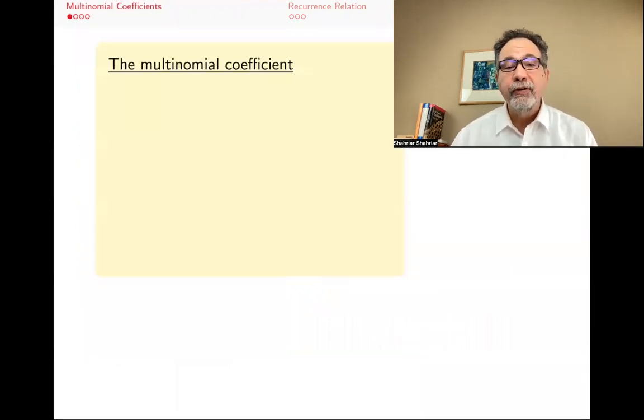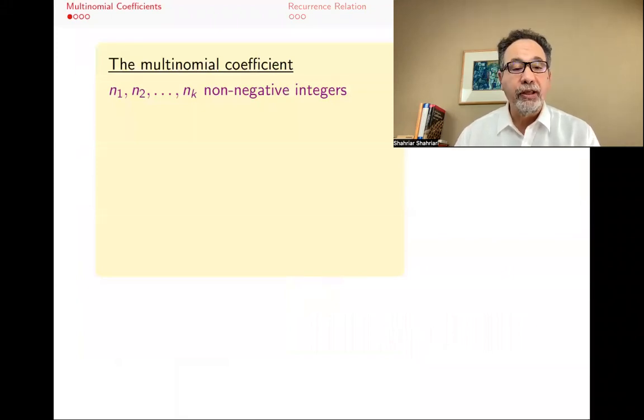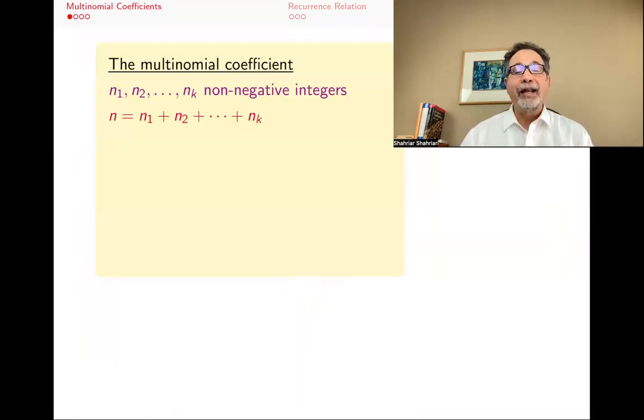So let's get started. Let me remind you, we have talked about multinomial coefficients in previous videos, but you don't really need to know about those. I'm going to tell you most of what you need right here. For a multinomial coefficient, you start with k non-negative integers, and you add them up and you get a number n.